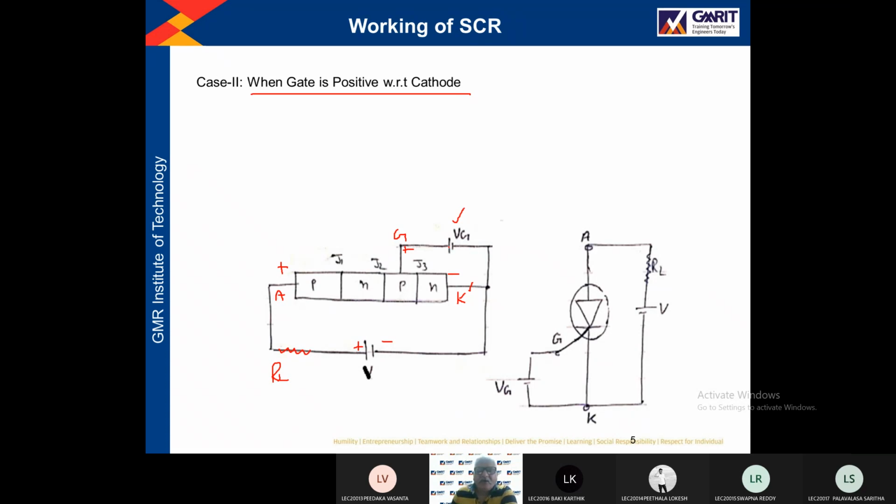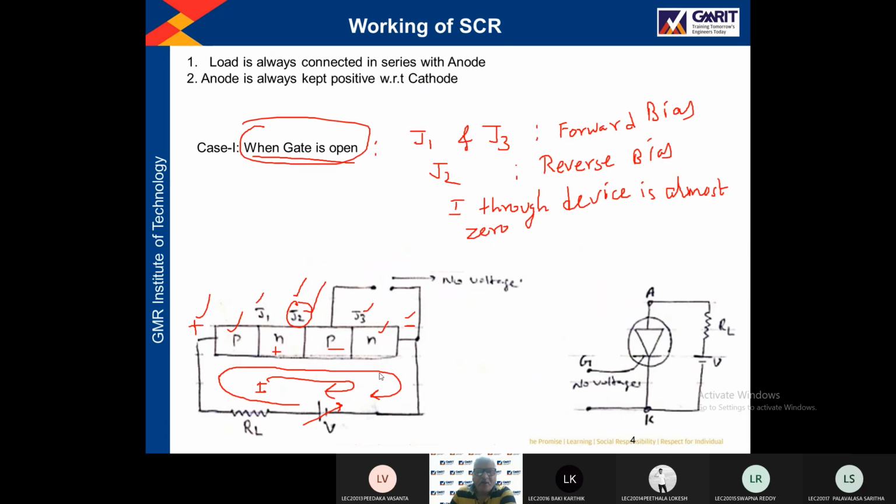This is a circuit diagram. Now what will this battery do? This is the positive terminal of the battery, and it is connected to P here. So it will break this junction at a much lower voltage V. Earlier you had to apply a very high voltage, and only then the breakdown of this junction took place.